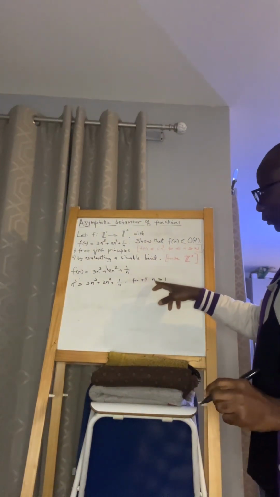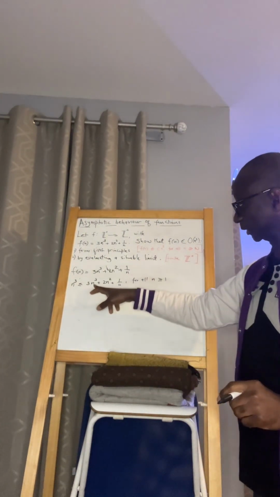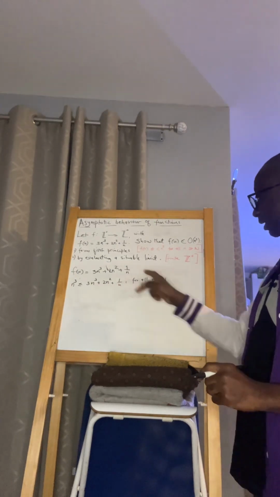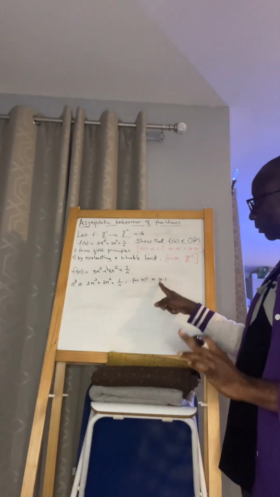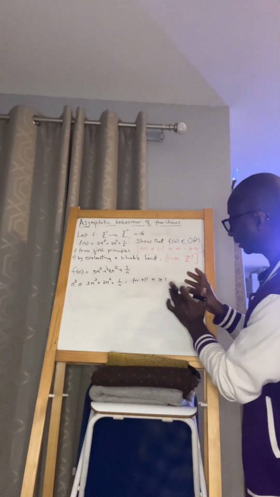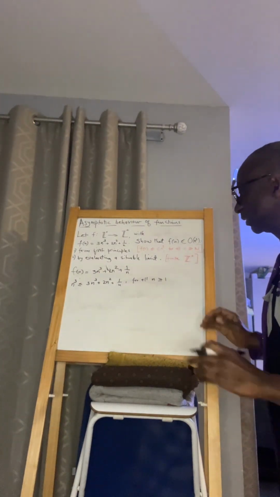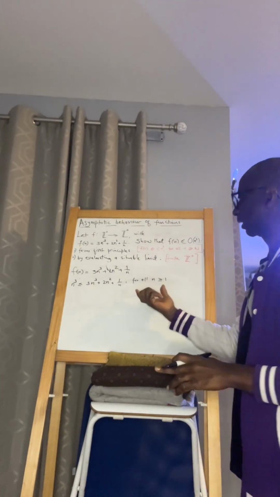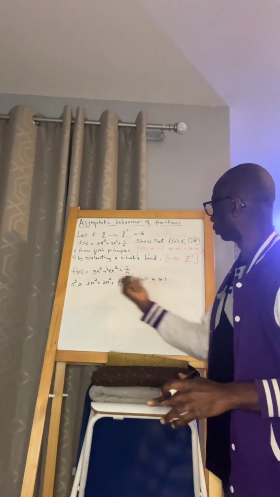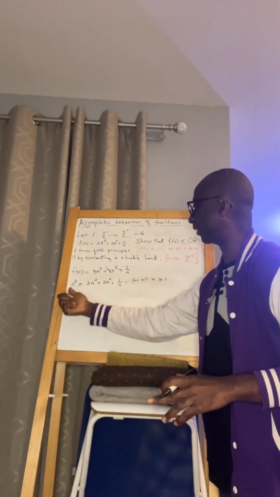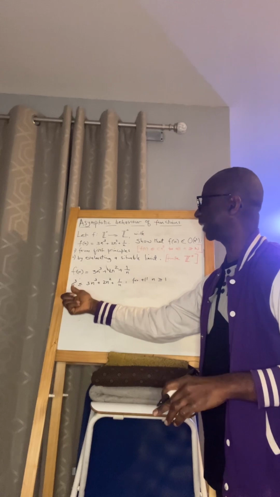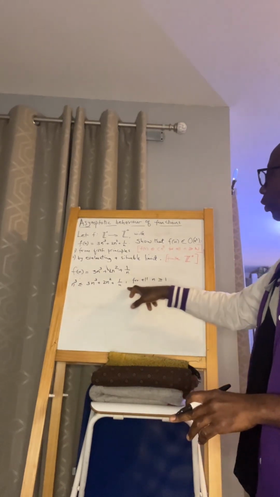That is, if we choose a number from 1 and above, 1, 2, 3, 4, 5, 6, 10 and above, and we substitute that number for n, whatever that number is, this condition will always hold.